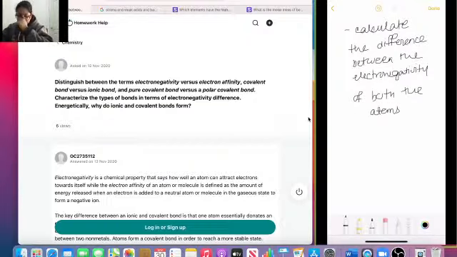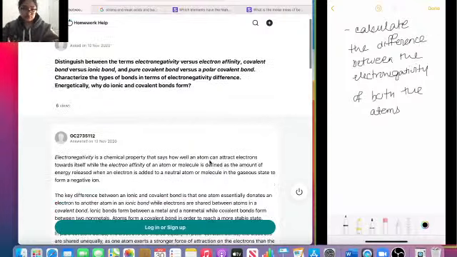Okay, so you're comparing the electronegativity, and the one that has a bigger electronegativity will tend to pull the electrons to itself, and also the difference between the electronegativity of both the atoms will basically determine how polar the bond will be.